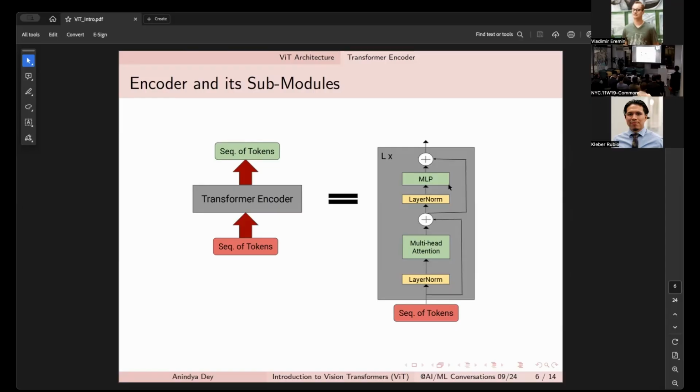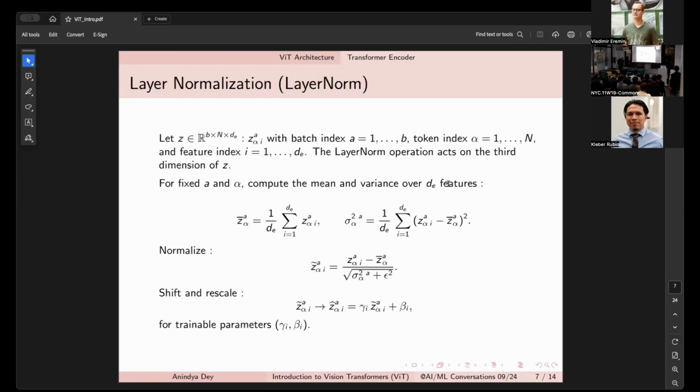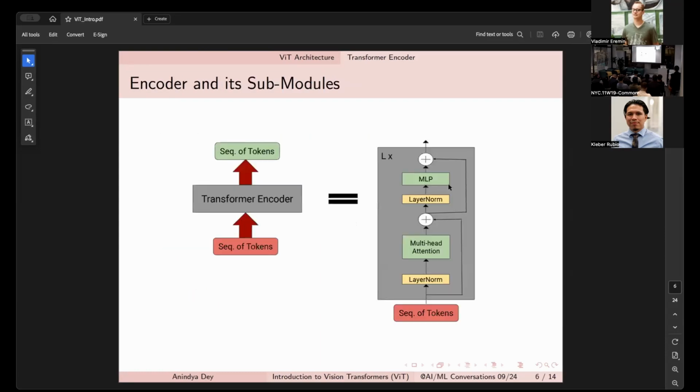So a standard residual connection. And then this acts on another layer norm, which leads to another MLP, and so on. I'll begin with the description of the layer norm, and then I'll discuss the attention and MLP. So is this picture clear to everyone?